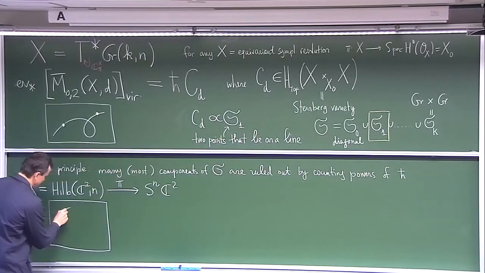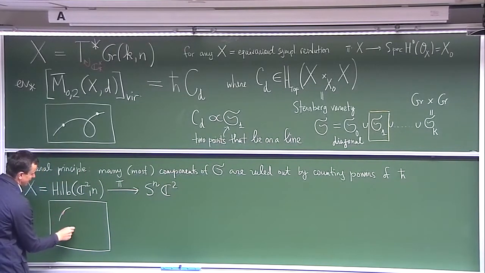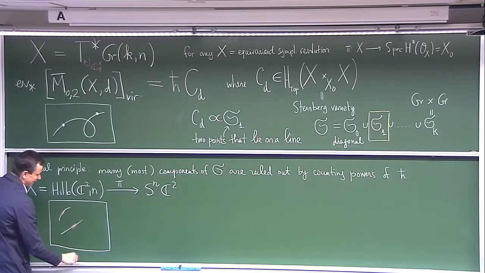You can have like 3 points together on a parabola, and then maybe two points together on some line. Of course, not every subscheme is curvilinear, and then a point.